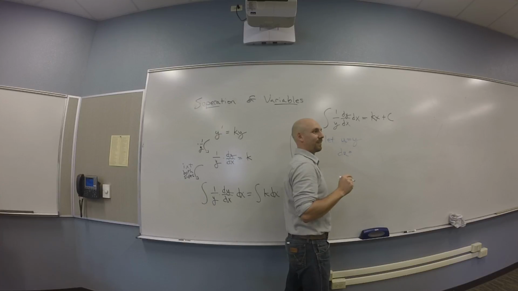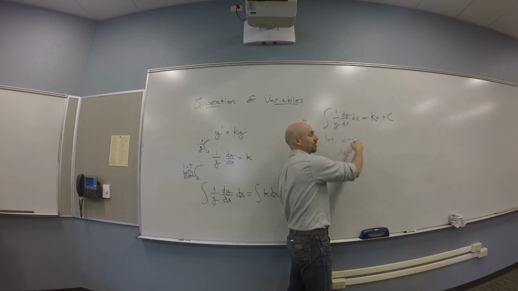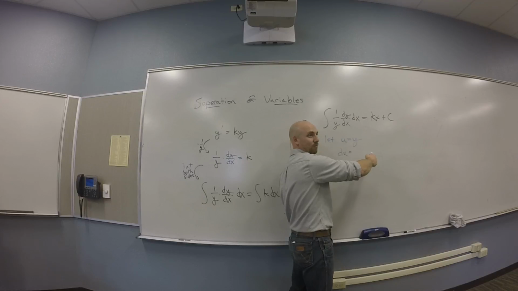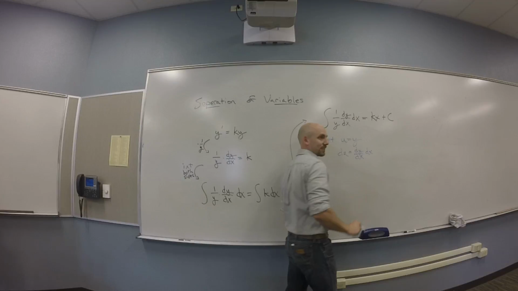So the way you do u substitution, right, is you say, okay, du is the derivative of u, d whatever that thing was. It's right there. It's a function. So it should be dy dx dx.